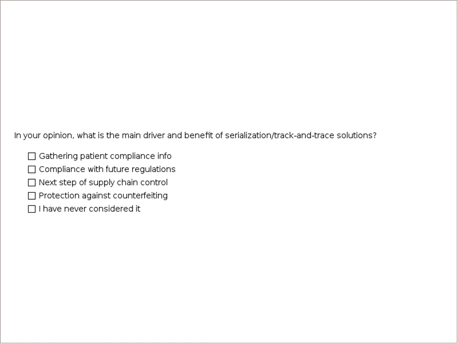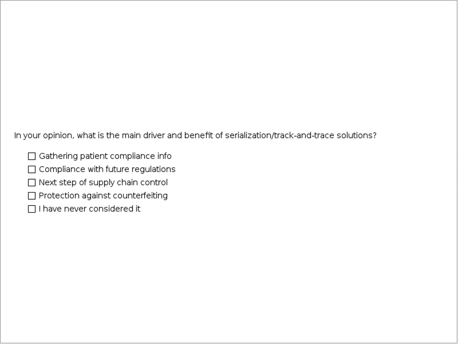Most of the audience thinks that will be a regulatory requirement in the future in a lot of markets. The second reason is the next step of supply chain control. And the third reason, which is also pretty balanced, is the protection against counterfeiting.